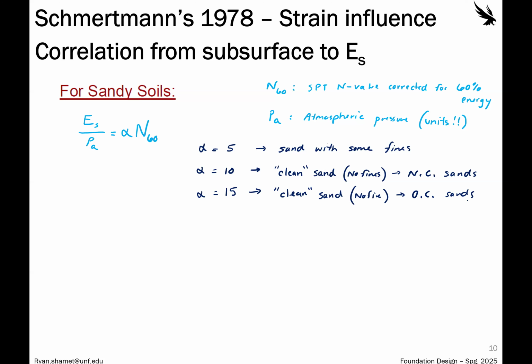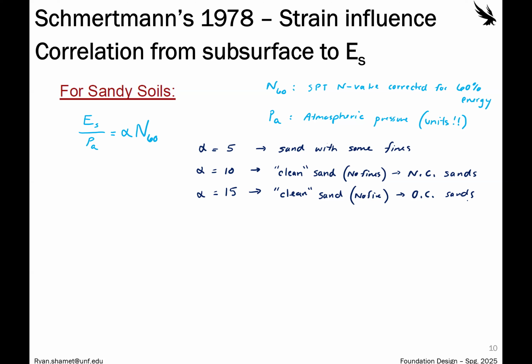So what do you think is most common in Florida out of all those three? Five. Yeah, this is also a range, so you can use values in between. The more over consolidated and the cleaner the sand, with low fines, the higher that alpha value is.